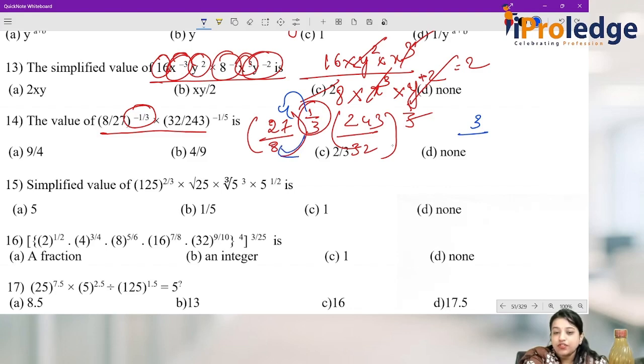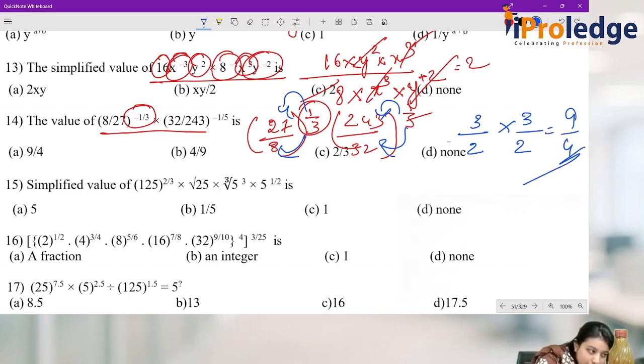Next, cube root of 8, 2. Next, fifth root of 243, 3, and fifth root of 32, 2. So 3 3s are 9, 2 2s are 4. What I said about the fifth root is 243, and it is not 343.